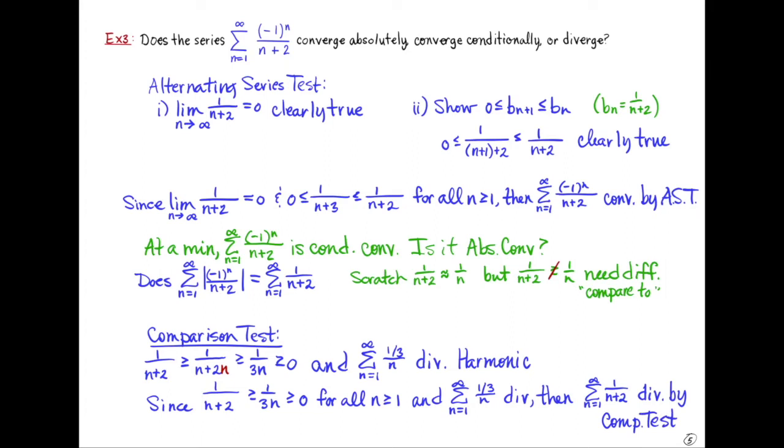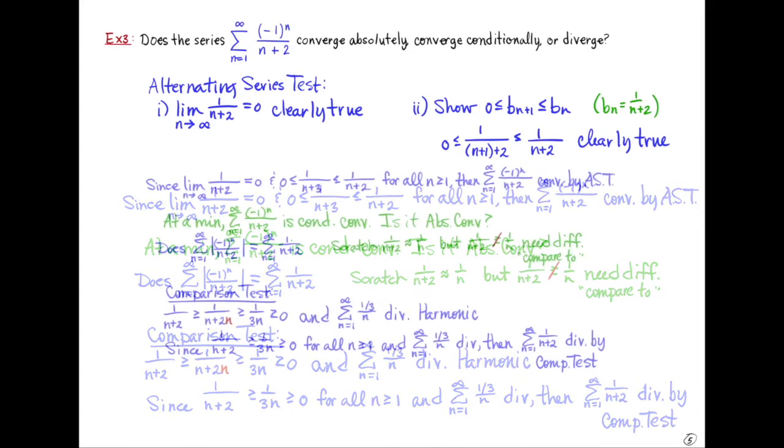So now, to go back to our original question, we want to know if the alternating series is absolutely convergent, conditionally convergent, or diverges.